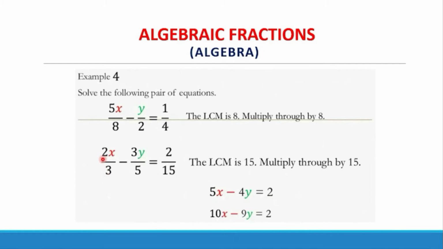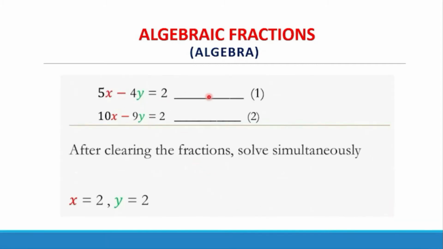The second equation, 2x all over 3 minus 3y all over 5 is equal to 2 over 15, has an LCM of 15, and by multiplying, the value for the second equation is 10x minus 9y is equal to 2. This is equation 1, and another equation is 10x minus 9y is equal to 2.